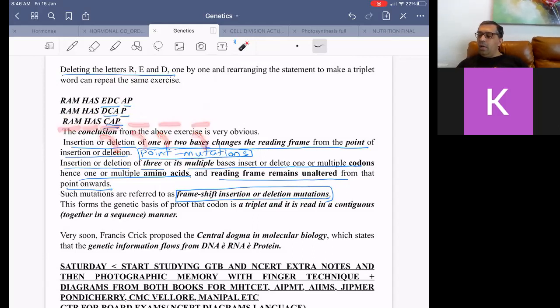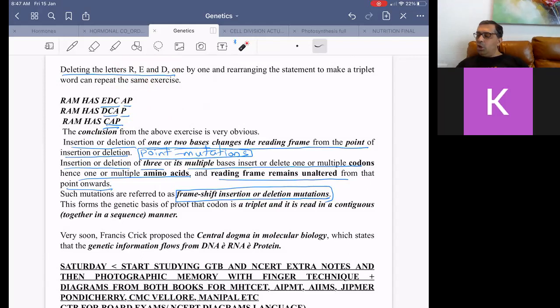So again, deletion of one R changes the sequence completely. Deletion of two, R and E, changes the sequence completely. But we deleted three nucleotides, RED, then CAP and the nucleotides after it will remain the same.